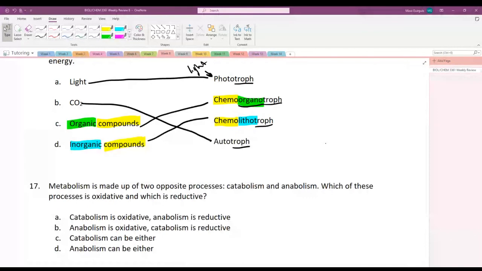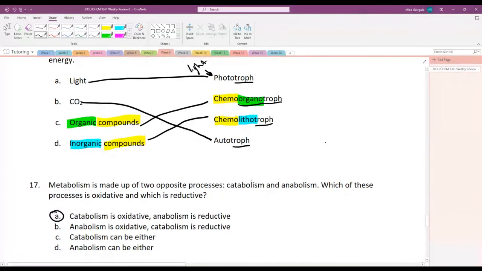And the way that I like to think of this, and the answer to this, is that catabolism is oxidative, anabolism is reductive. So that's A. I think it's sometimes confusing.